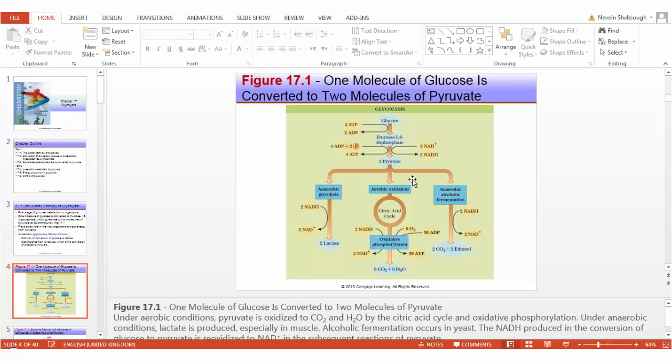Notice here that the 2 NADH, the reducing equivalents that were produced in glycolysis, are consumed, however, in anaerobic pathways in muscle and in yeast.